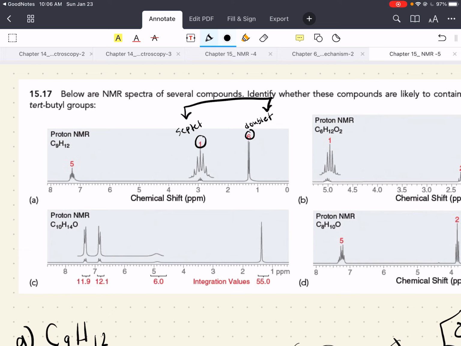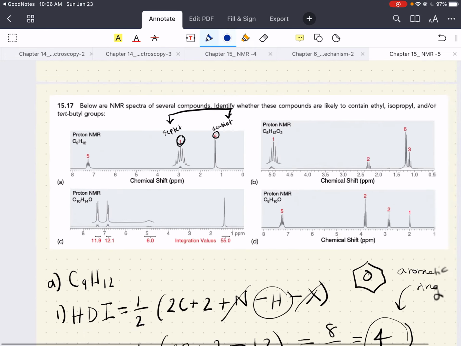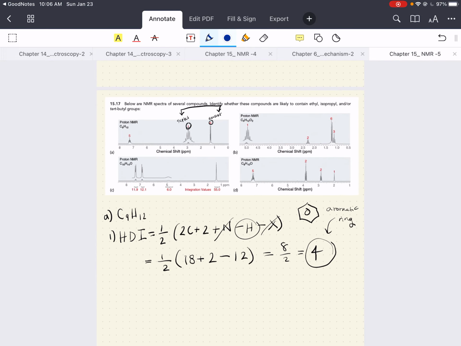A septet with integration 1 and a doublet with integration 6, we know exactly what this is. This is an isopropyl group. So we have an aromatic ring, we have an isopropyl group.